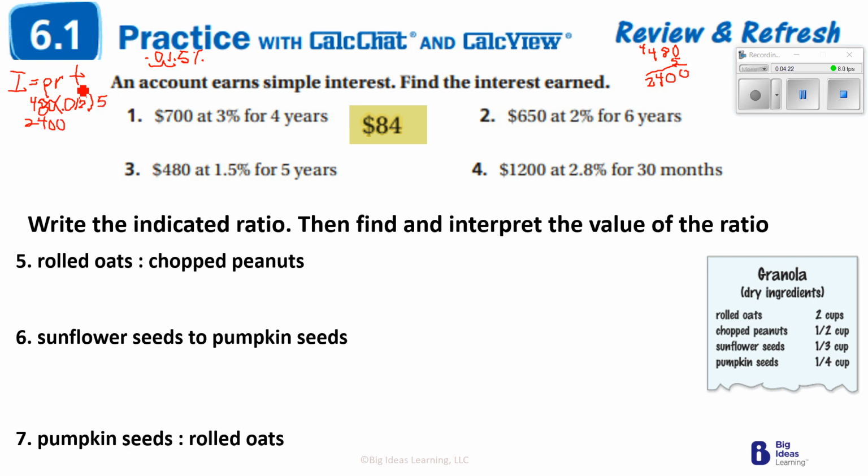And remember, I multiplied 5 times 480, so the only number left to multiply there is 0.015. All right, so I'm going to do that work over here, 2,400 times 0.015.